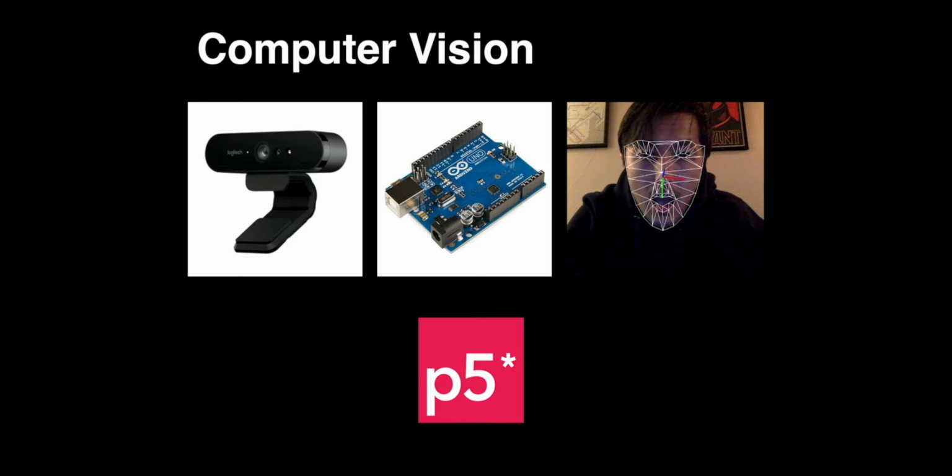But for P5, we can do a number of things. We can play around with the webcam and do some basic live video manipulation. We can do some stuff with Arduino and microcontrollers and getting those sensors to pass data into P5. We're not going to do that, but you can.